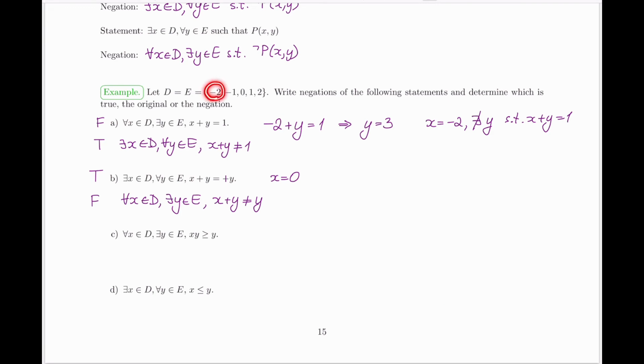Well, if x is -2, then I can choose y to be -1, then their product is going to be 2, which is greater or equal than y. And you can go through the rest of them in a similar fashion.